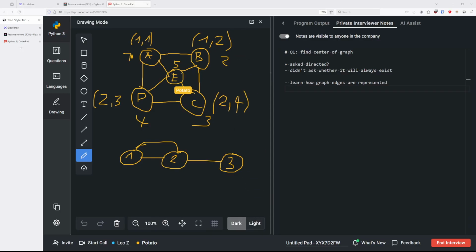Okay, maybe if we start with the DFS traversal, if we start from this node and then visit the neighbors, I think in this case DFS or BFS is also fine.